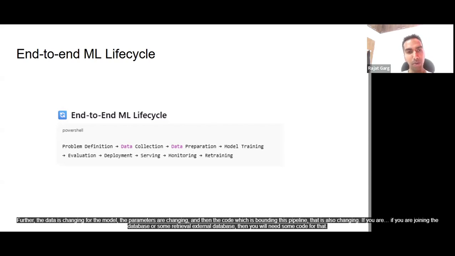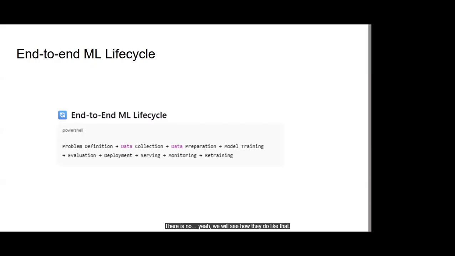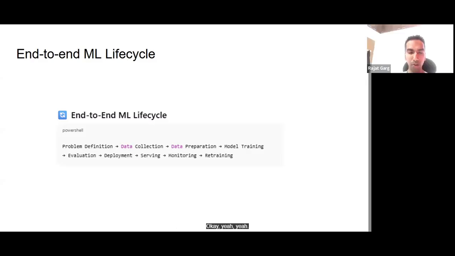If you are joining a database or some external retrieval database, then you will need some code for that. So MLflow and DVC together can track versioning of all these layers. We will see how they do that. Thank you for that question.